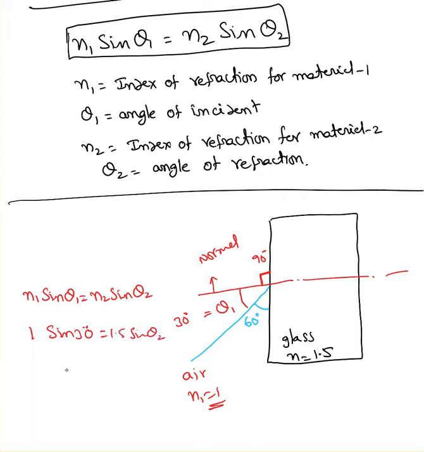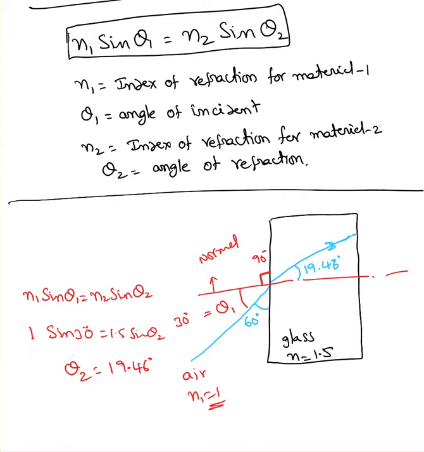So from here I end up with theta 2 equal to 19.46 degrees. The light ray is going to bend towards the normal.